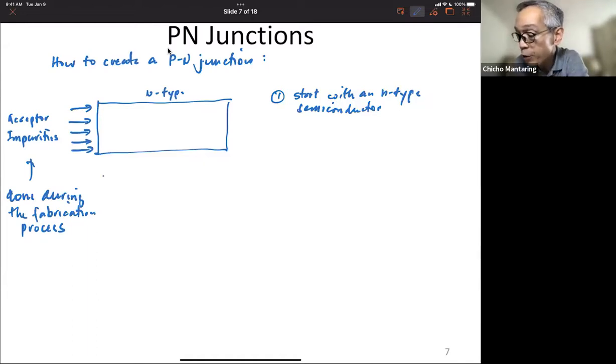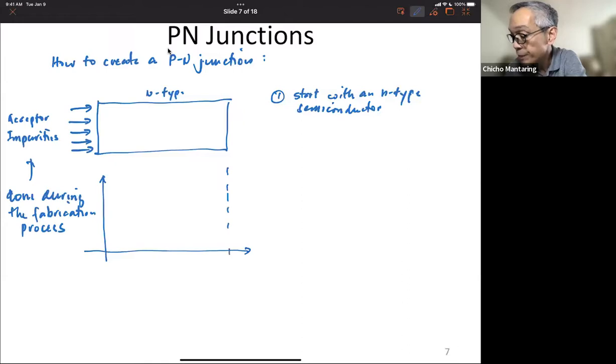And if you take a look at the diffused acceptor concentration, let me try to plot it. Let's say this is the diffused acceptor concentration. It's going to look something like this.